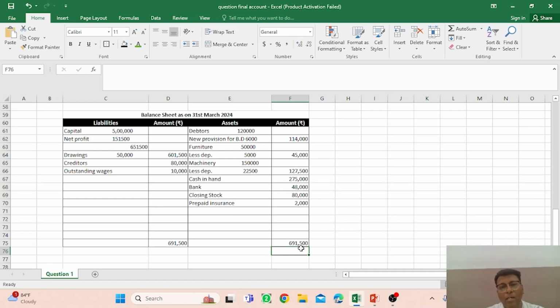And once you fill all the items from trial balance into your final accounts in trading, P&L and balance sheet, after that you should read the adjustment also, because you have to mark the items with the adjustment, because you have to leave the lines in order to take the total, or if you are going to make any adjustment.